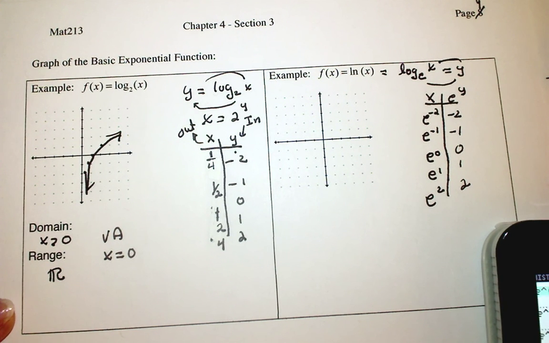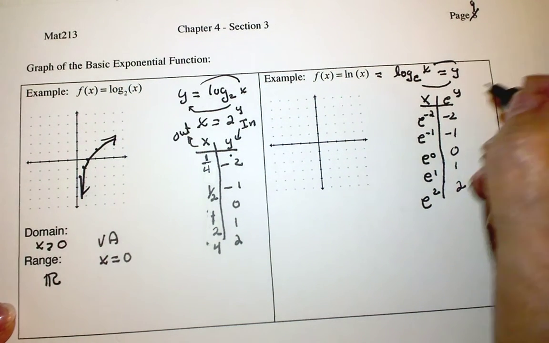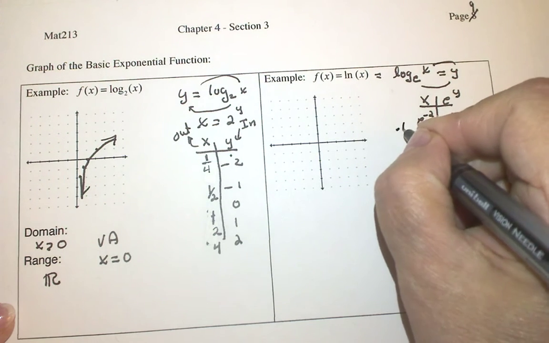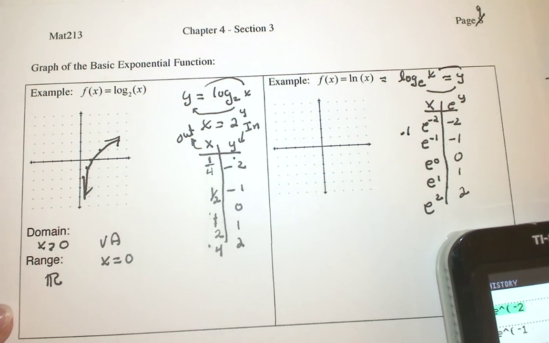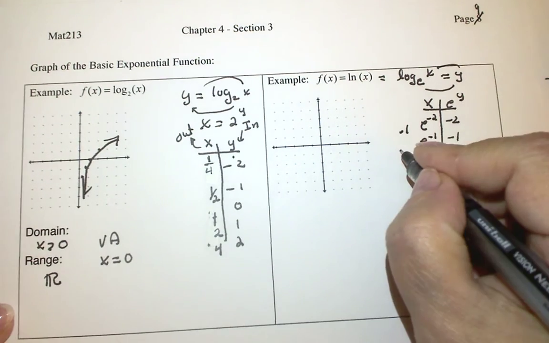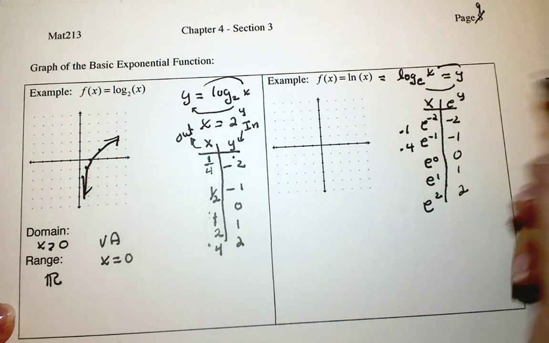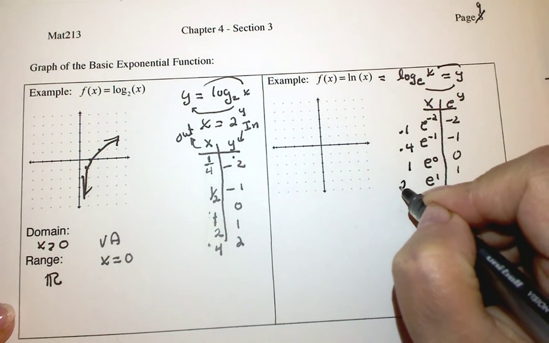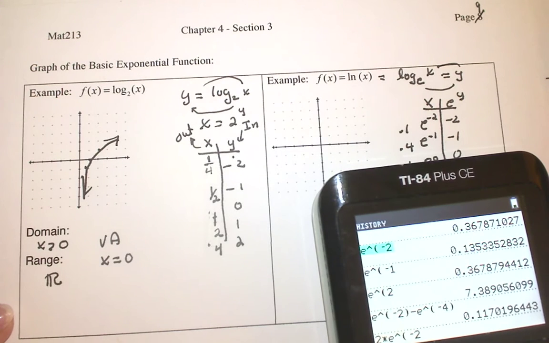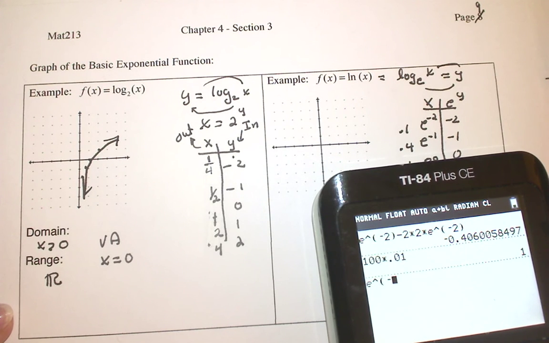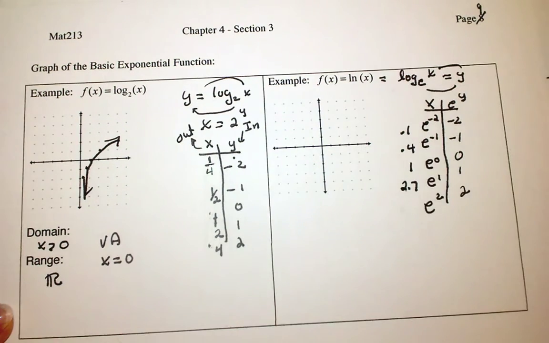I've done this before, e to the negative 2 is 0.1. And then e to the negative 1 is 0.4. e to the 0 is 1. e to the 1 is 2.7. The one e that I didn't get is e squared, and it's 7.4.